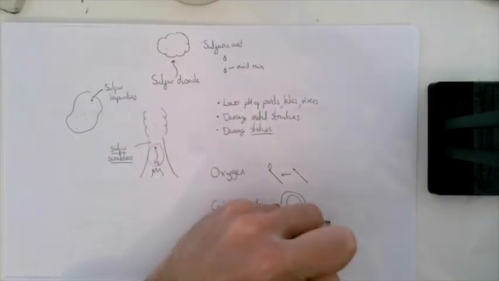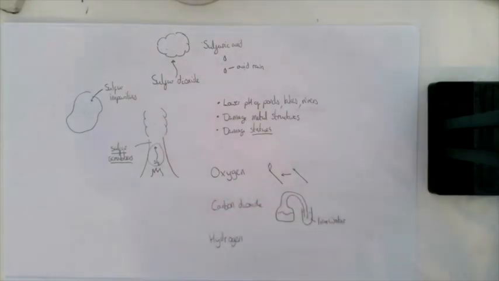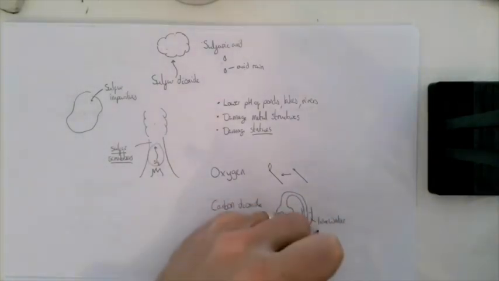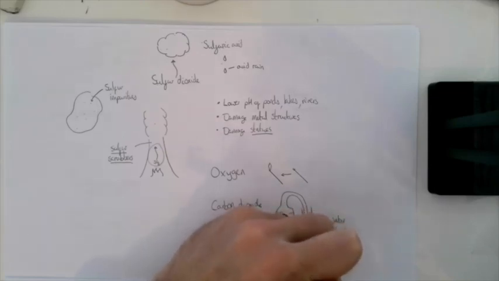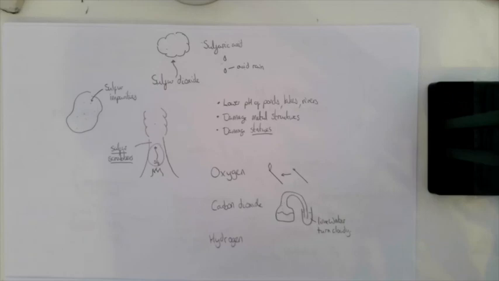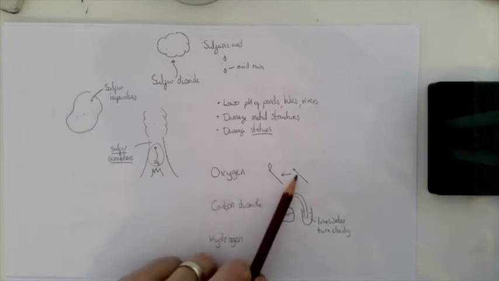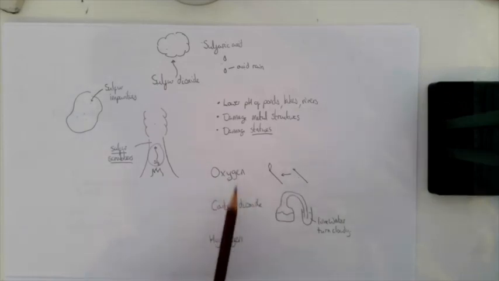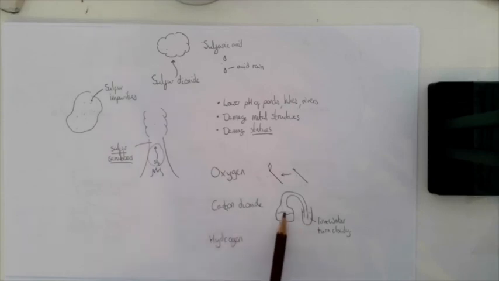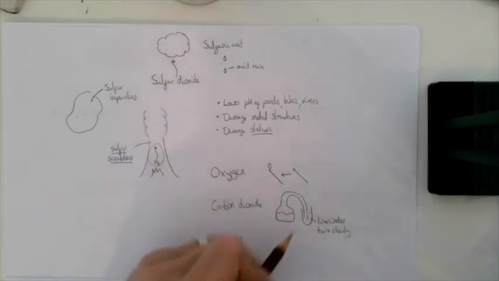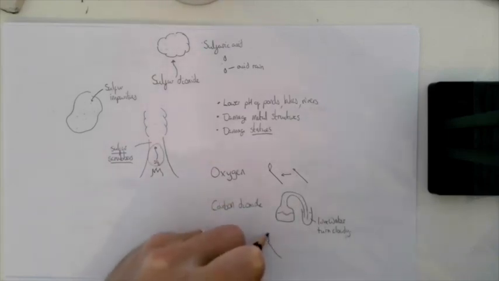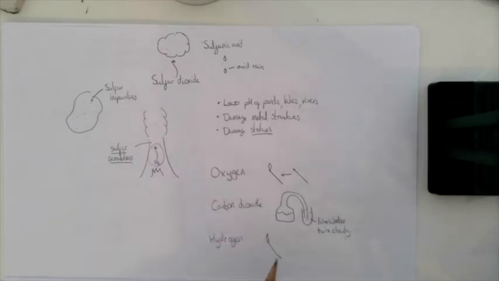So the test is to bubble the gas through lime water, and the lime water will turn cloudy if you've got carbon dioxide present. So test 1, glowing splint relights in oxygen. Test 2, carbon dioxide, bubble it through lime water and the lime water will turn cloudy. And then the final test is for hydrogen. You take a lit splint to the gas, and if hydrogen is present, it will go pop.